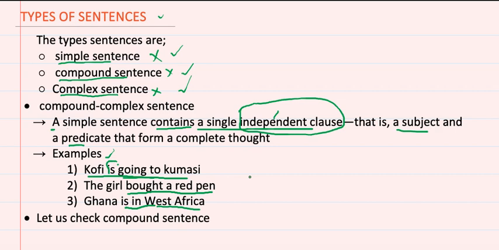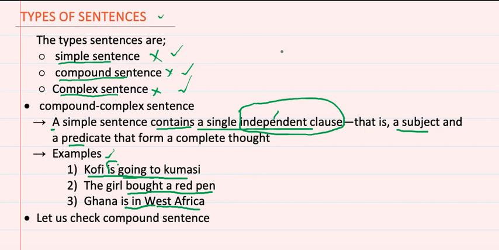Only one predicate. So now, how are we going to understand a simple sentence? It should be noun, action, noun. It should be subject and predicate. Only one independent clause.